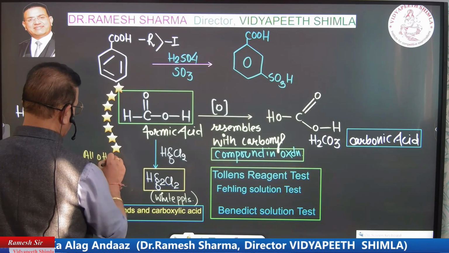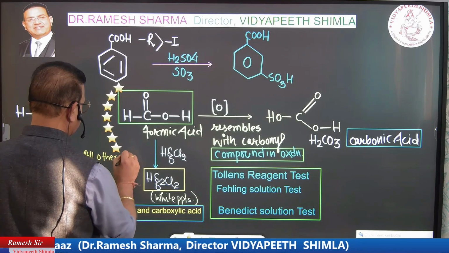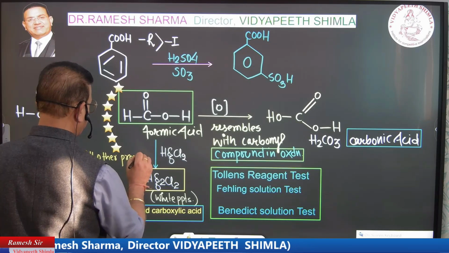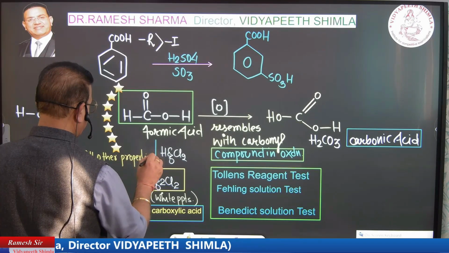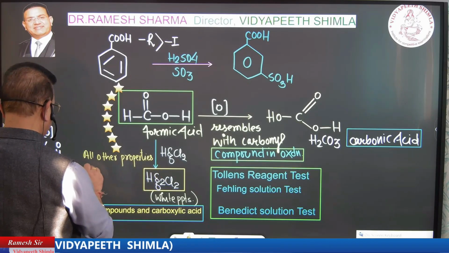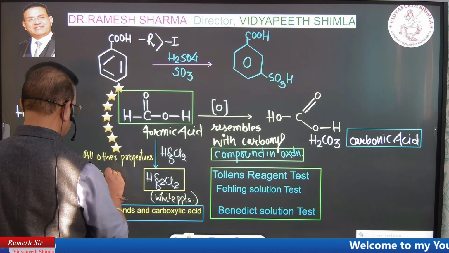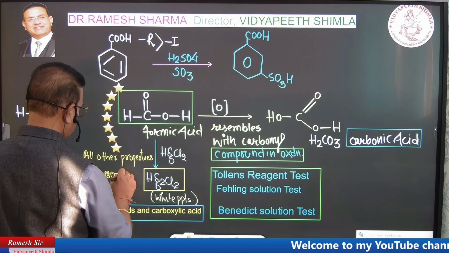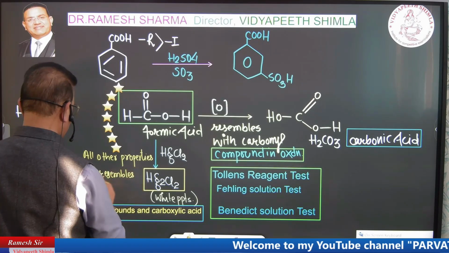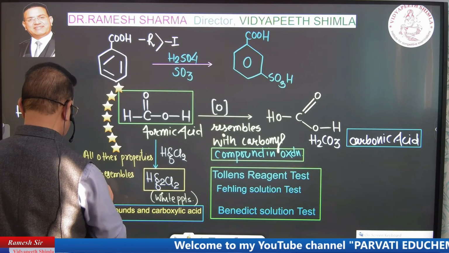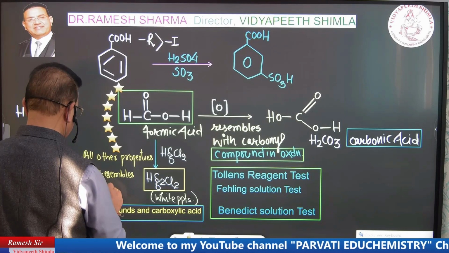All other properties resemble carboxylic acid.